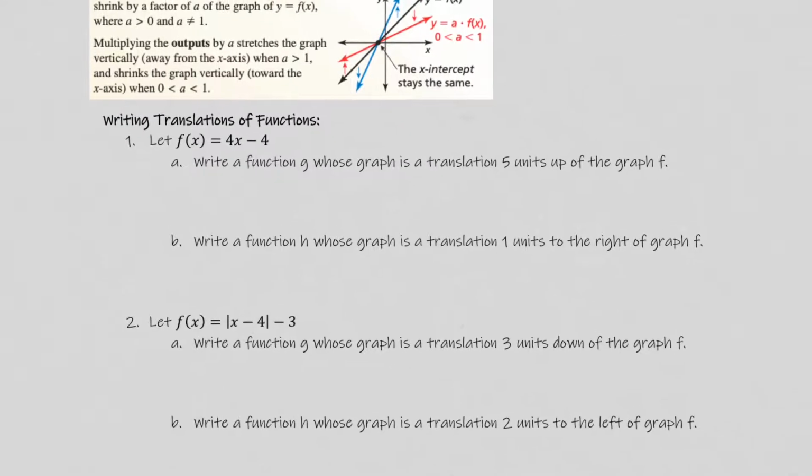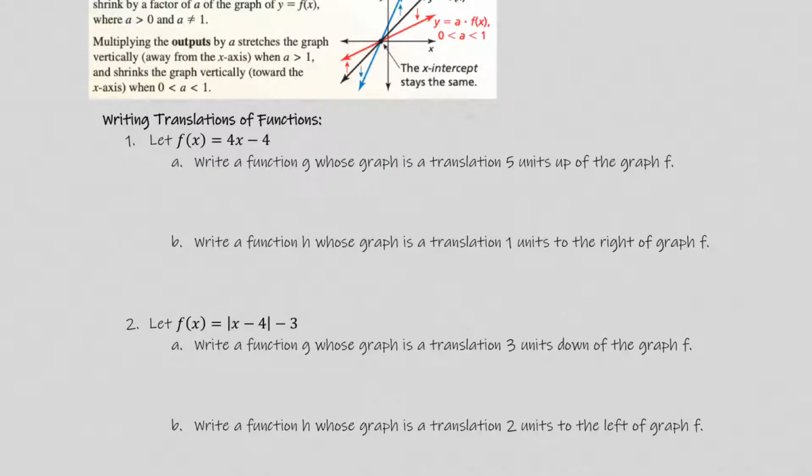So this is going to start with an equation, and it wants us to then do these translations to it. So if I have this function, f of x equals 4x minus 4, and this wants us to write a function g of x, okay?